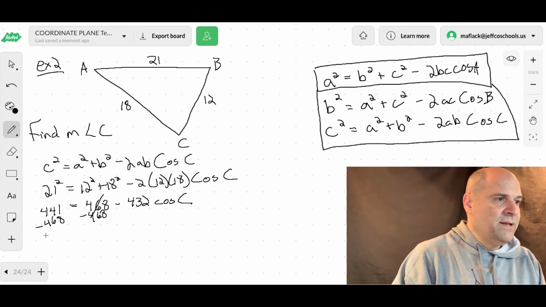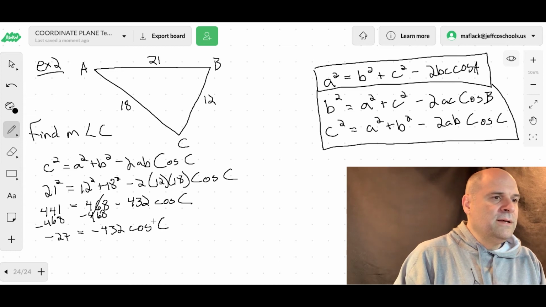Okay, so we're left with negative 27 equals negative 432 times the cosine of C. Now divide by negative 432.